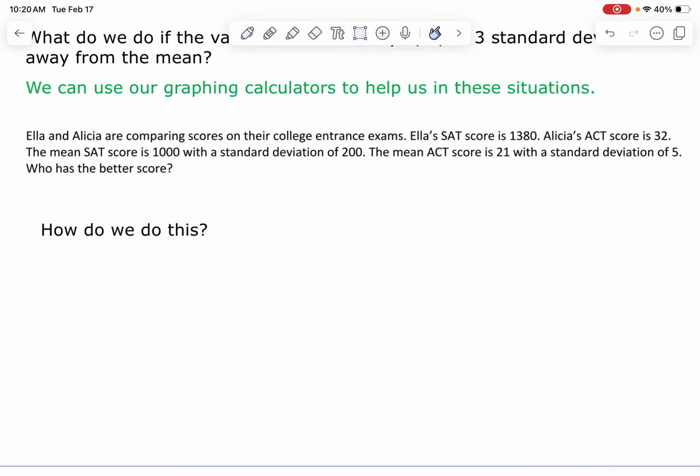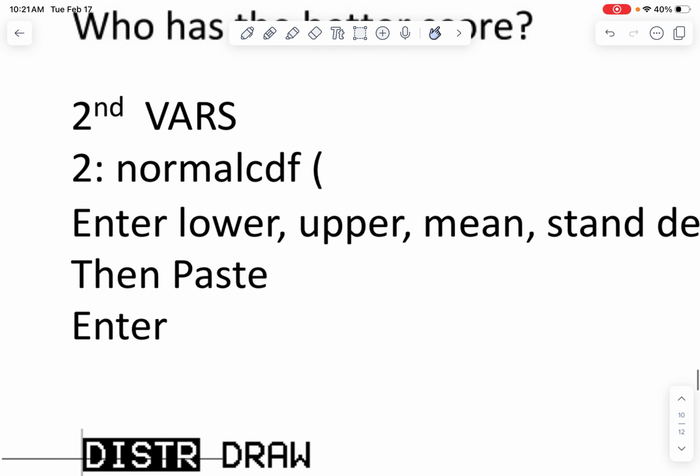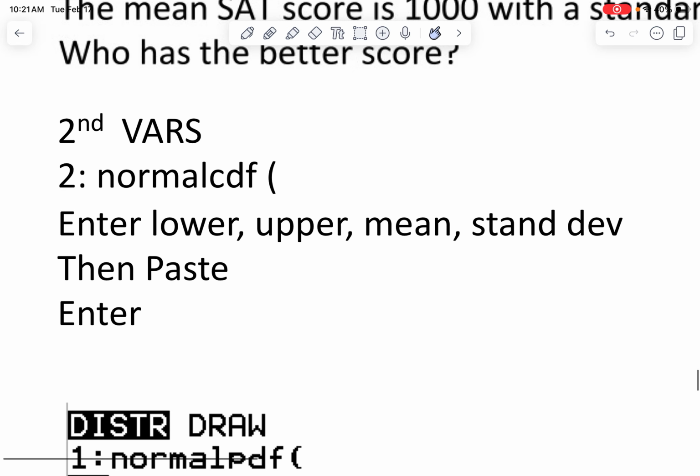Well, we're going to use our graphing calculator, and it's a little tricky, but we can do it. So here we go. We're going to kind of focus on this part, and I'm going to show you some things to put in there. But we're going to enter in our calculator.